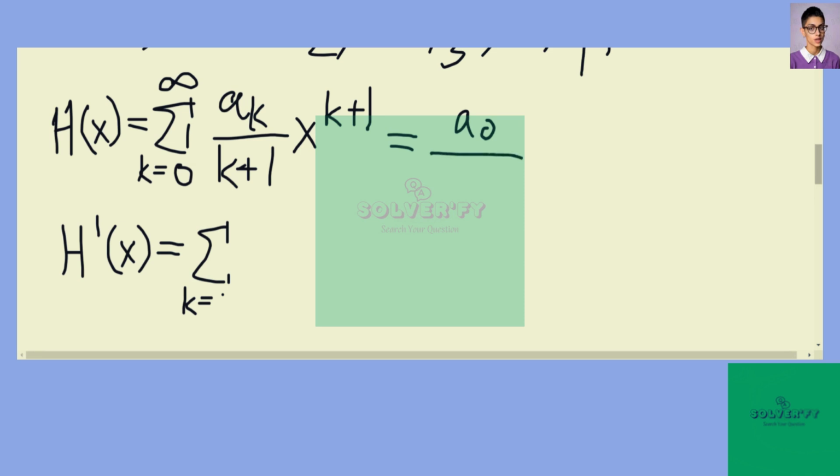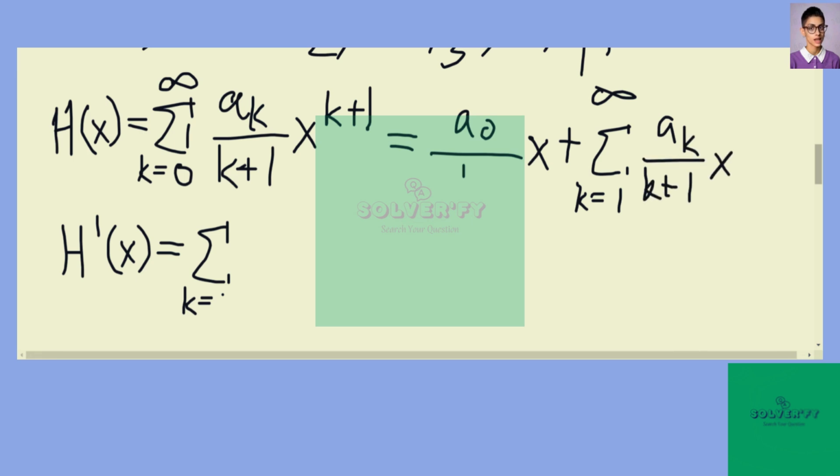This is a0 over 1 times x plus the sum from k equals 1 to infinity of a_k over k plus 1 x to the k plus 1.